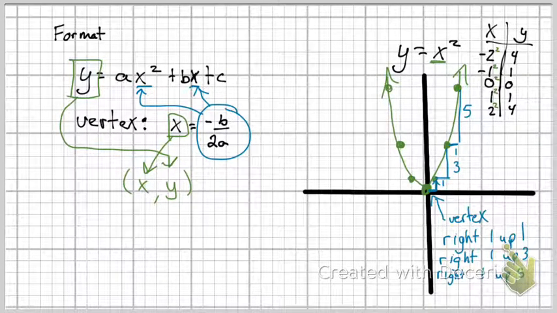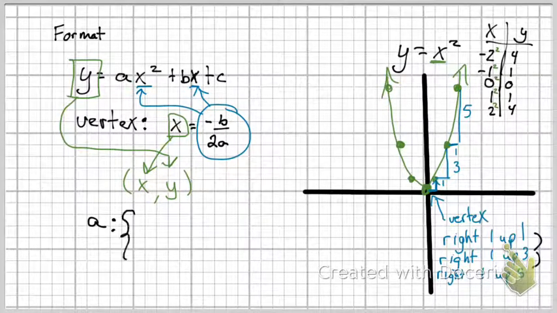And we can kind of see a pattern emerging here, where we go 1, 3, 5 on our up. Our next one will be right 1 up 7, right 1 up 9, so on and so forth, where it's going to continue increasing by 2. Now, the biggest thing to note is our a value.